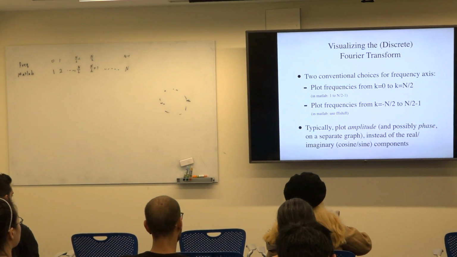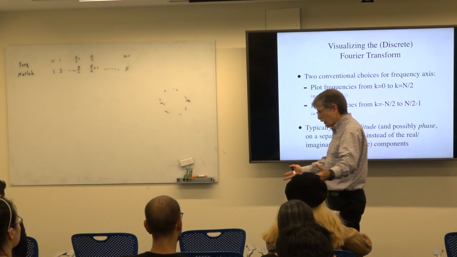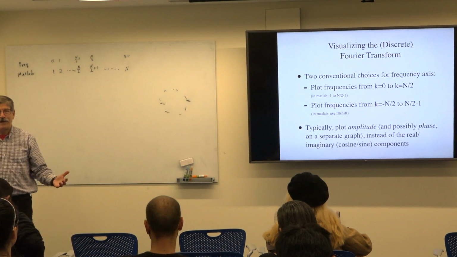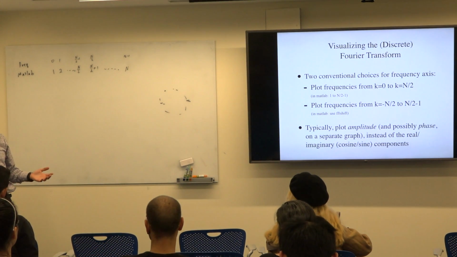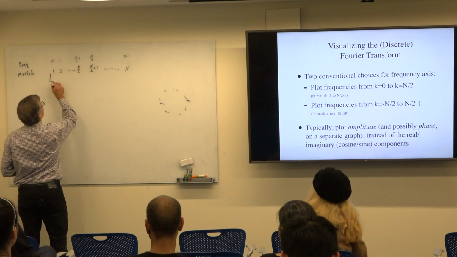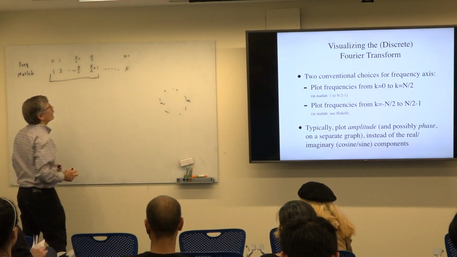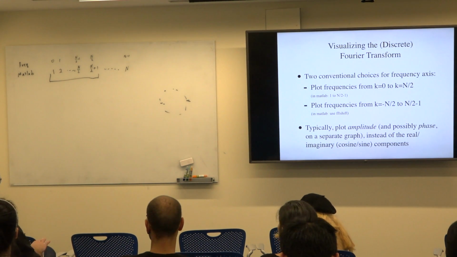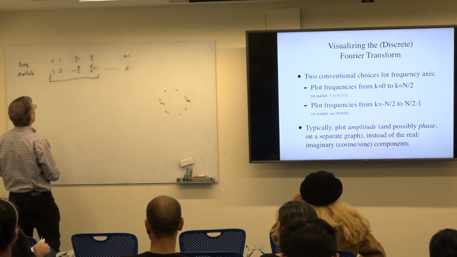Okay, so first bit is, you got this set of complex numbers. What do you do with it if you want to show it to somebody? Now, it has all these redundancies in it, so you don't have to show it all. You could just take this bit and only show that. That's the non-redundant part. Now that bit has real numbers in it and imaginary numbers.